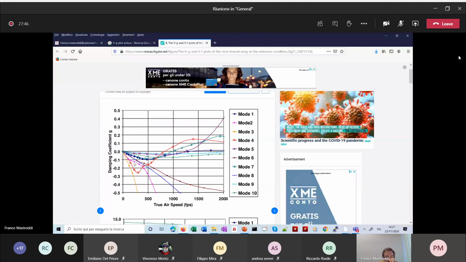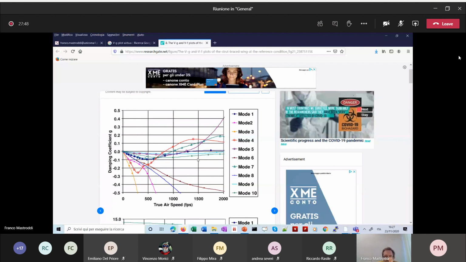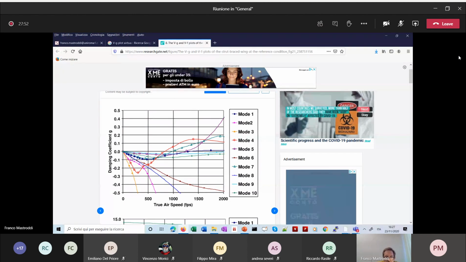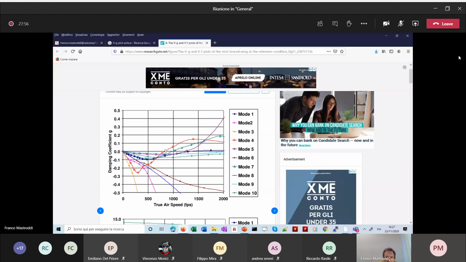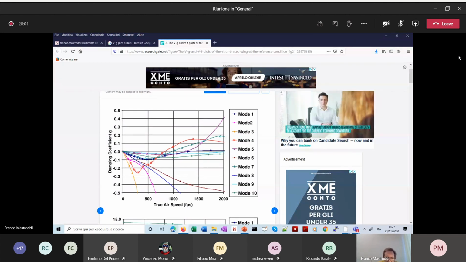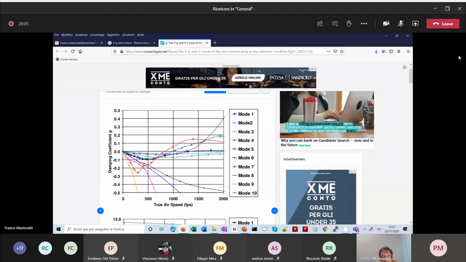And you can see that this red curve, currently the 4th mode, is the critical one, because just here you have a crossing of the x-axis, which is representing the velocity, and you can see that the 4th mode is the critical one.